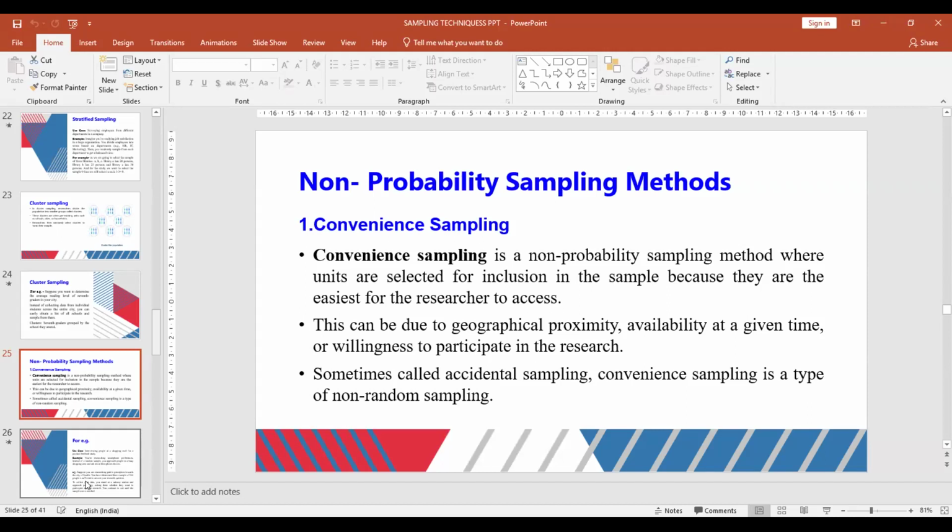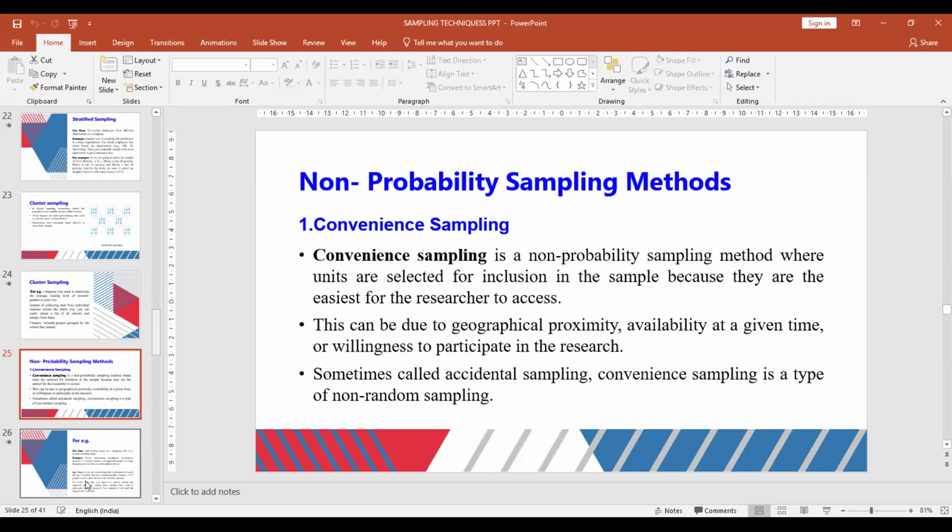So we can collect the data from them. This can be due to geographical proximity, availability at a given time, or willingness to participate in the research. Sometimes called accidental sampling, convenience sampling is typical of non-random sampling.